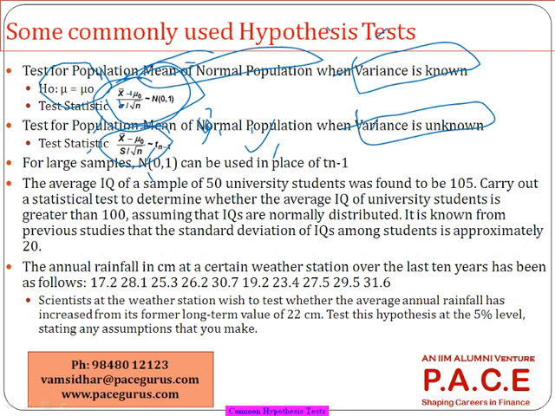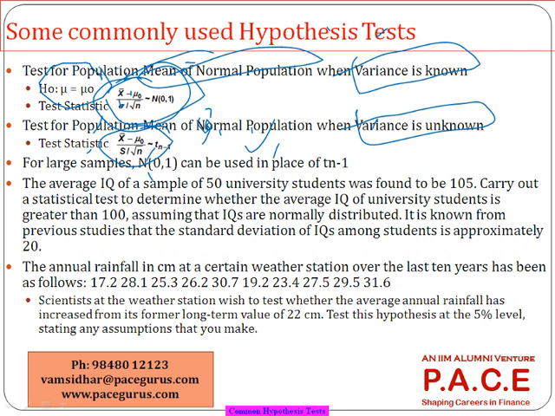Depending on whether the population variance is known or not known, we'll use either the normal distribution or the t distribution. In the second case, it is based on the t distribution with n-1 degrees of freedom, whereas in the first case we use a standard normal distribution with mean 0 and variance equal to 1.